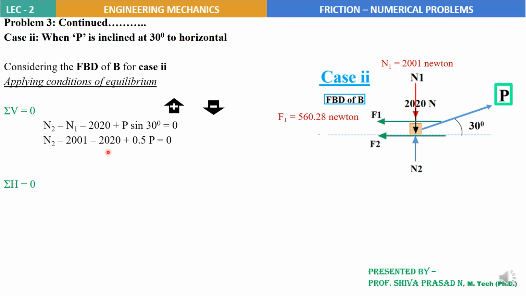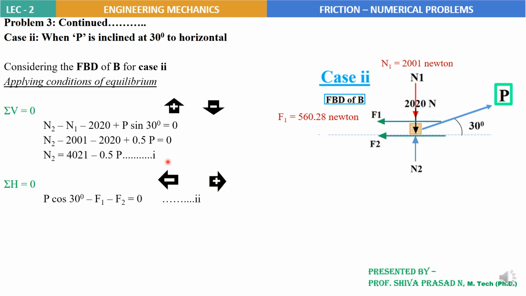So with this, the substitution we can make is N1 only. N1 value we have, so 2001 we write, and we get an equation. Let us call this equation number 1, that is N2 equal to 4021 minus 0.5 P. So sigma H equal to 0, left side forces negative, right side forces positive.